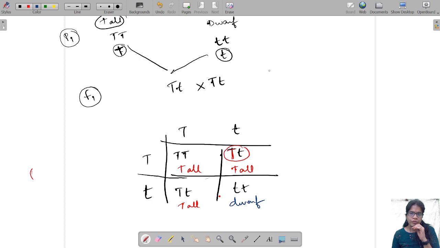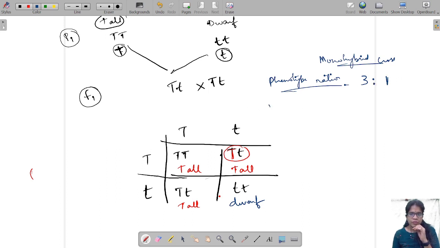So if you go for the phenotypic ratio in a monohybrid cross, they may ask you. Phenotype is the physical appearance. So if you say the physical appearance, the ratio is 3:1, because you got only 3 tall and 1 dwarf, right?